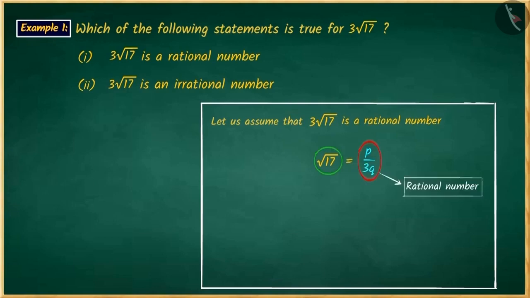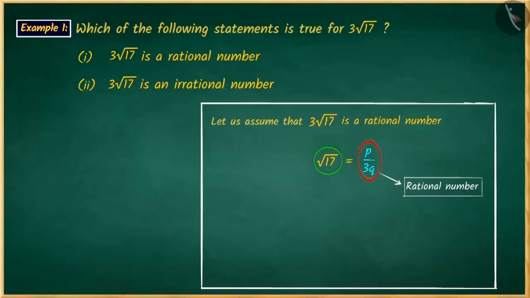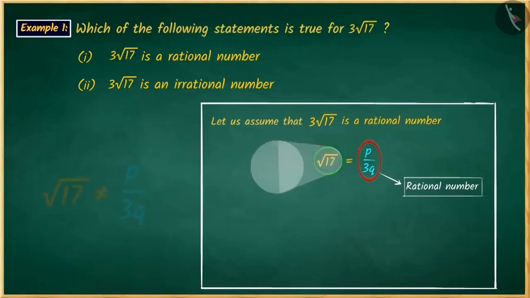Therefore, the square root of 17 will also be a rational number. Can you write square root of 17 as P upon 3Q? No. The square root of 17 cannot be written as P over 3Q. That is, it is an irrational number.